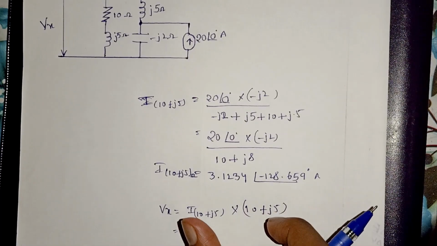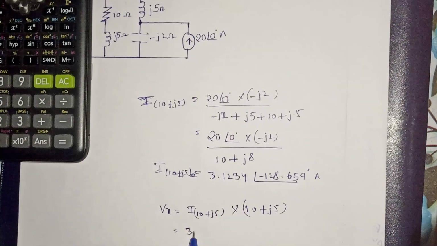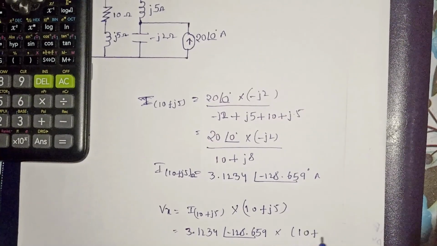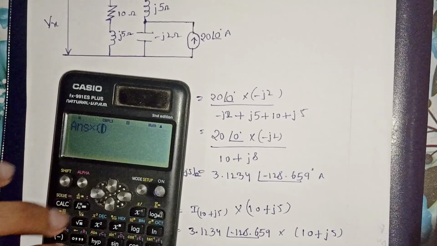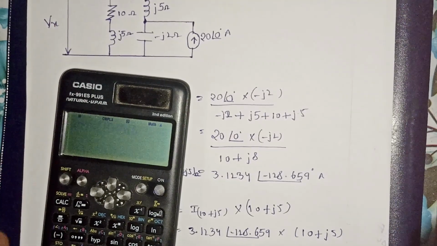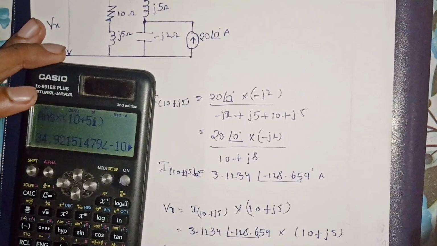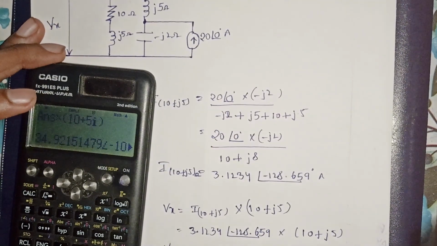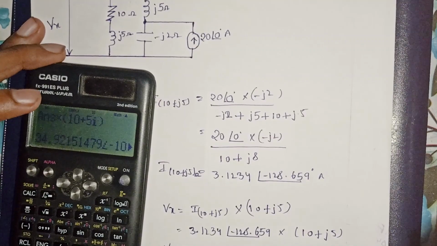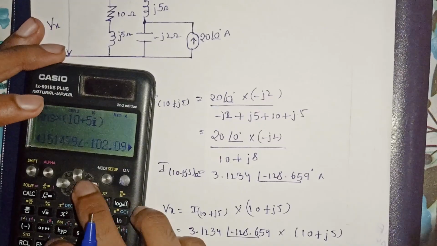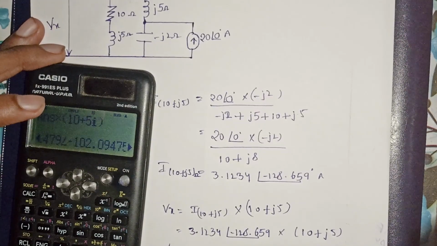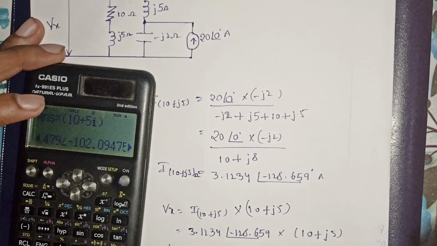Since I know the current, 3.1234 at an angle of minus 128.659, multiplied by 10 plus 5i, it gives me a voltage value equal to 34.921 at an angle of minus 102.094 degree volts.